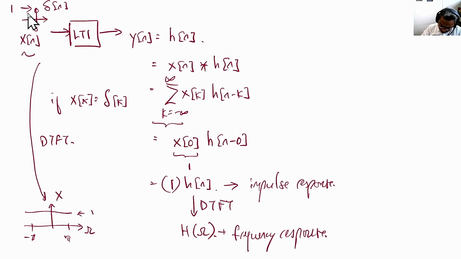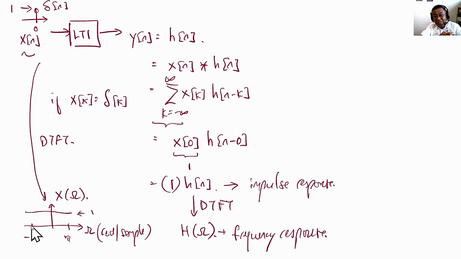This is X(omega). The Fourier transform of an impulse is the value 1 for all frequencies from minus pi to pi, and this shows that the impulse actually is all frequencies with a constant amplitude of 1 and 0 phase.